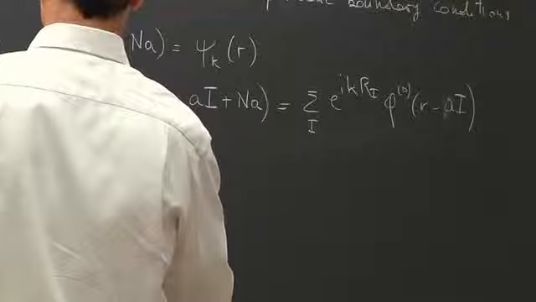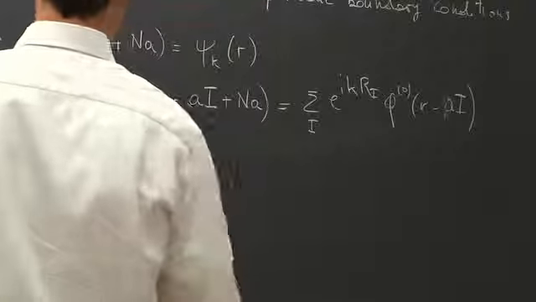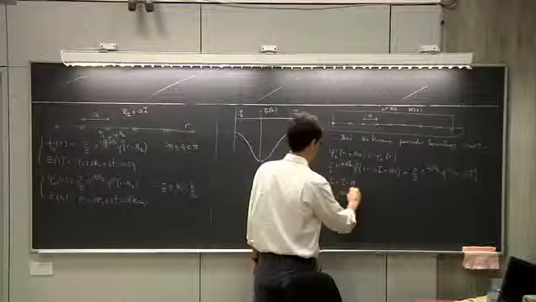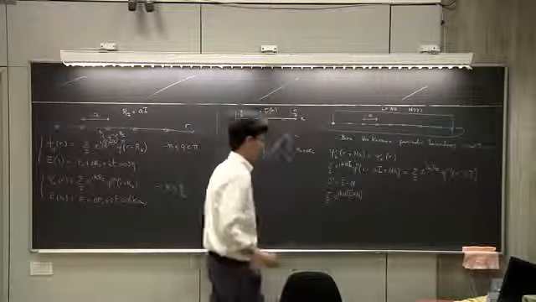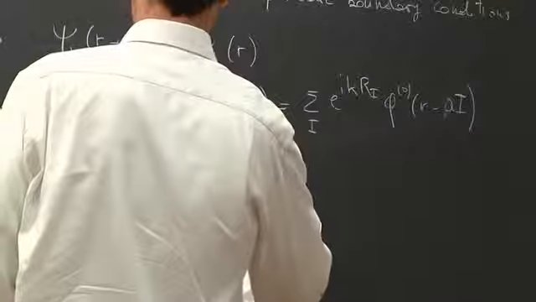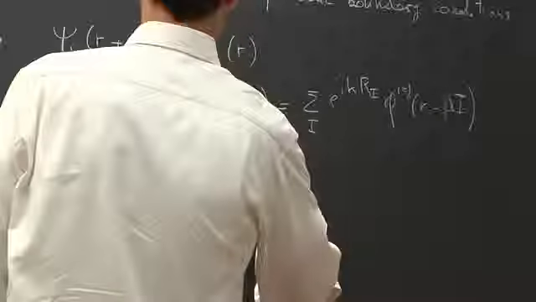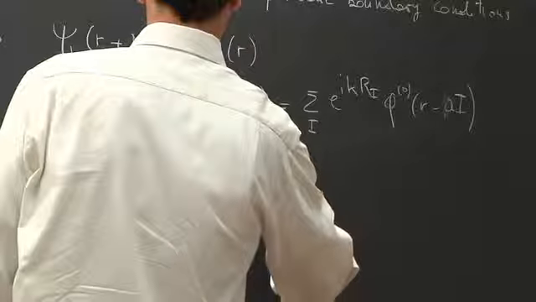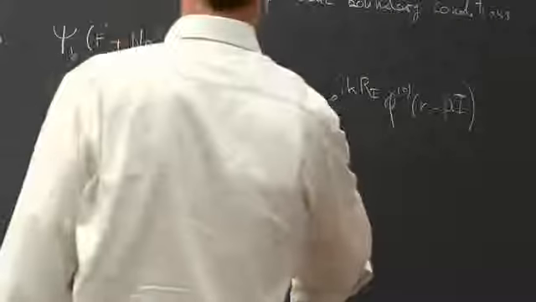Sum over i of e^{ik a_{i'+n}}, right? i is equal to i' plus n, phi_0(r - a_{i'}).